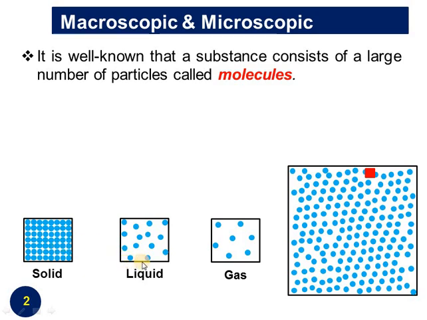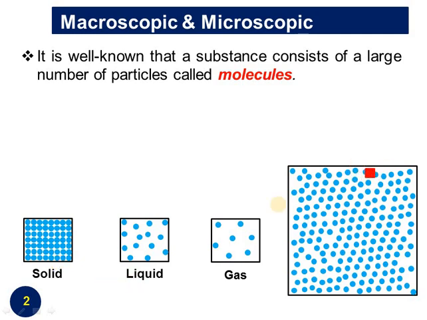This intermolecular distance in case of liquid is higher than the solid, and in case of gas it is highest. So the intermolecular distance is highest for gas than liquid and the least for the solid. It can also be observed from the figure.